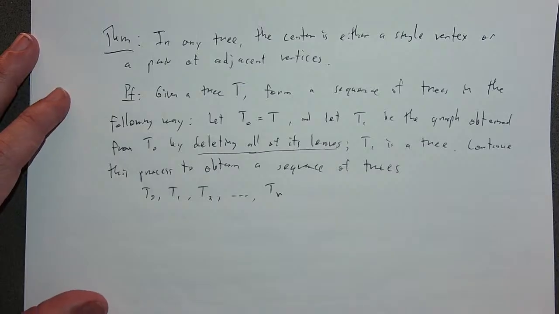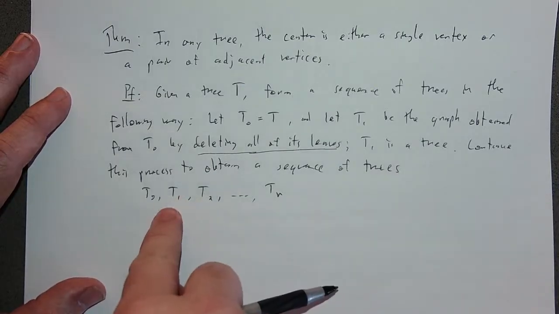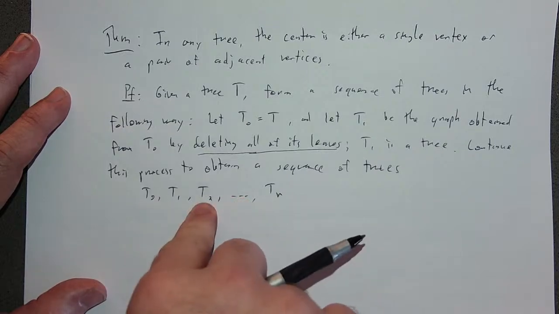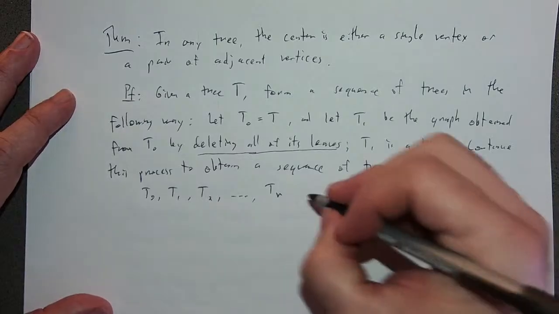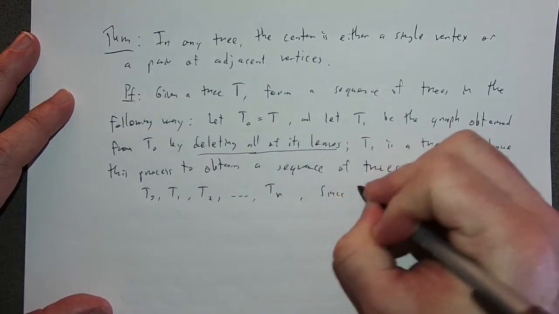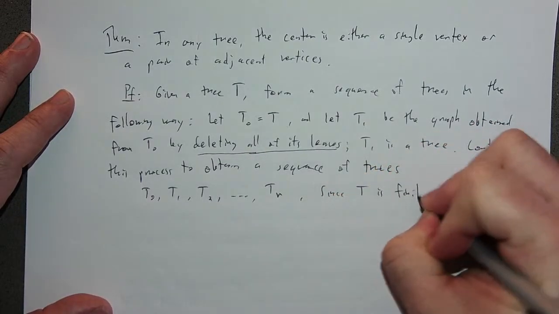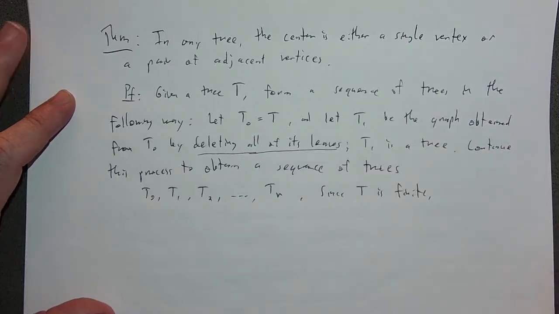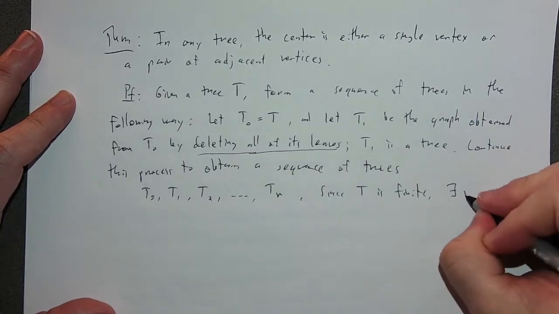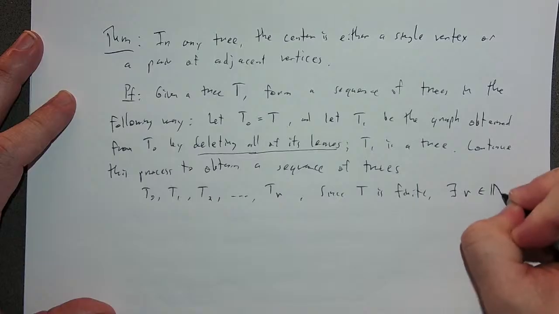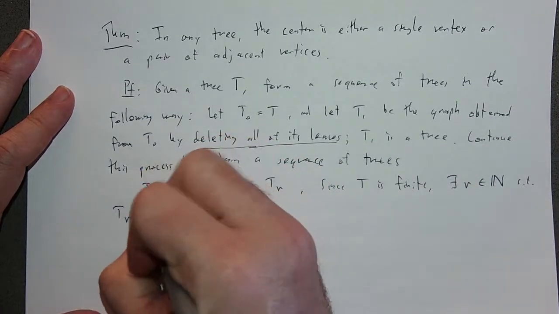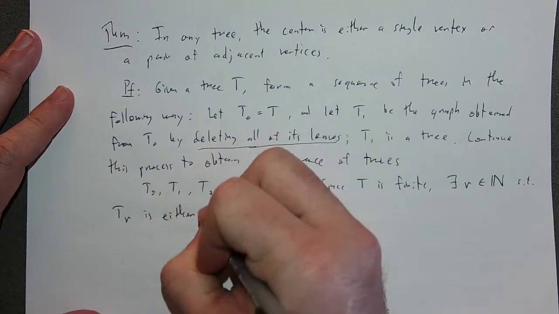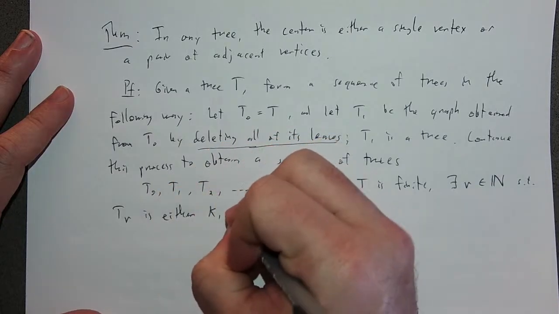So T2 is obtained by deleting all the leaves from T1, T3 is obtained by deleting all the leaves from T2, and so on, all the way you get to T sub R. Since T is a finite simple graph, there exists some natural number R such that T sub R is either K1 or K2.